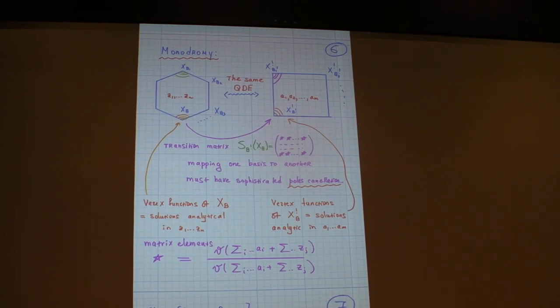This matrix is a tricky thing. On that side, we have something which has a lot of poles in equivariant parameters, but is analytic in Kähler parameters, so it's a power series in those. On the other side, the situation is switched. So this matrix must have infinitely many zeros and poles, so that it cancels the poles in equivariant parameters and makes a function holomorphic in equivariant parameters.